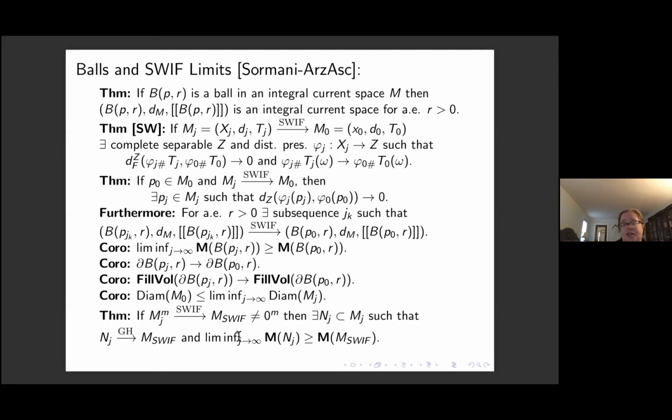And in addition, the limit as J goes to infinity of the mass of the NJs is bigger than the mass of the Swift limit. So it's actually quite large. These are large NJs. They have large mass or large volume, including the wells, and they Gromov-Hausdorff converge. So this is a theorem that says you can actually cut off the wells and find a Gromov-Hausdorff converging region inside.